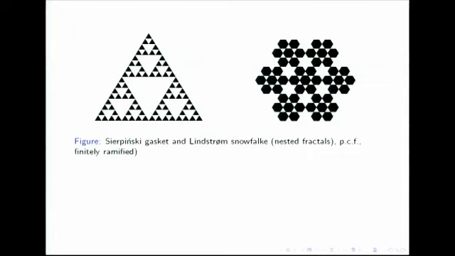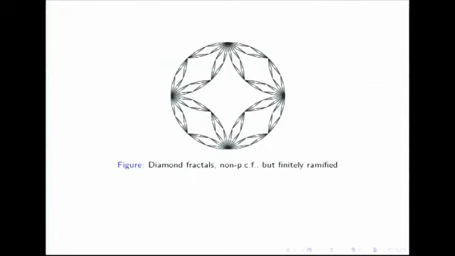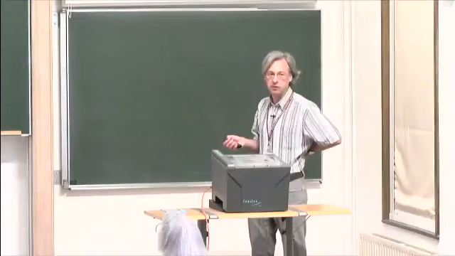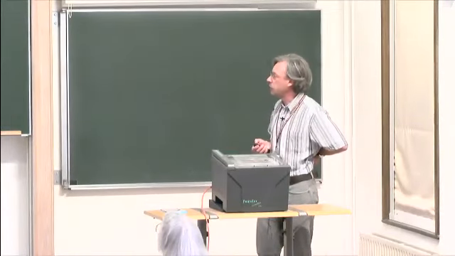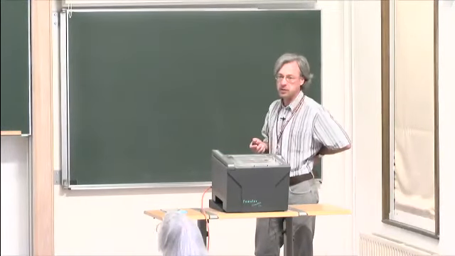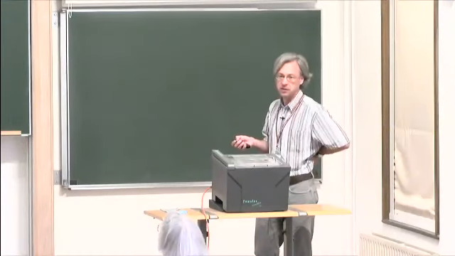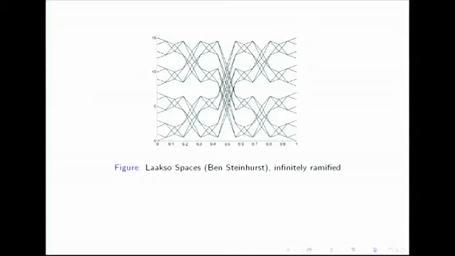Analysis on such fractals is much simpler than on fractals which are not finitely ramified. So this is another example of a fractal which is finitely ramified. And incidentally, this fractal has intrinsic dimension 2. So there is this naive point of view that fractals are objects of fractional dimension, and this is not true. Here the dimension is an integer, but it is still a fractal.